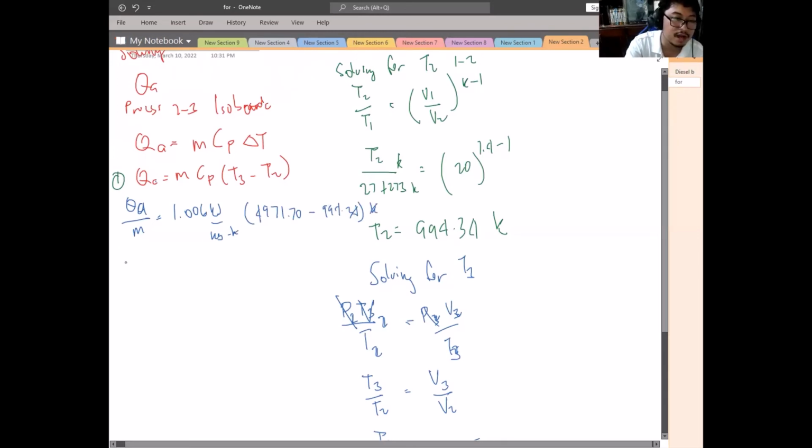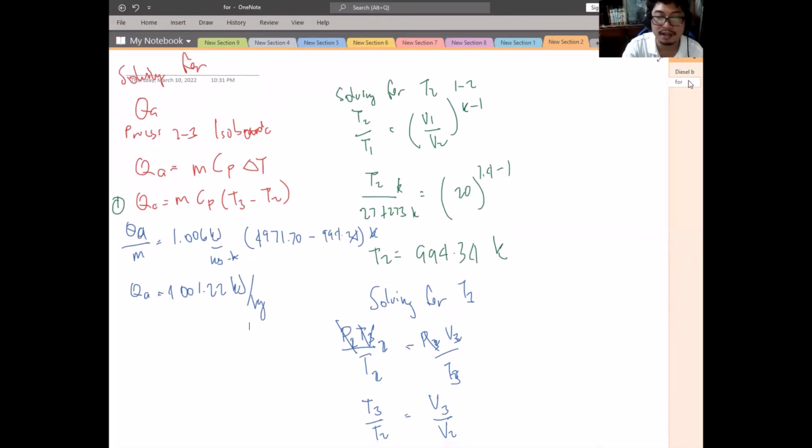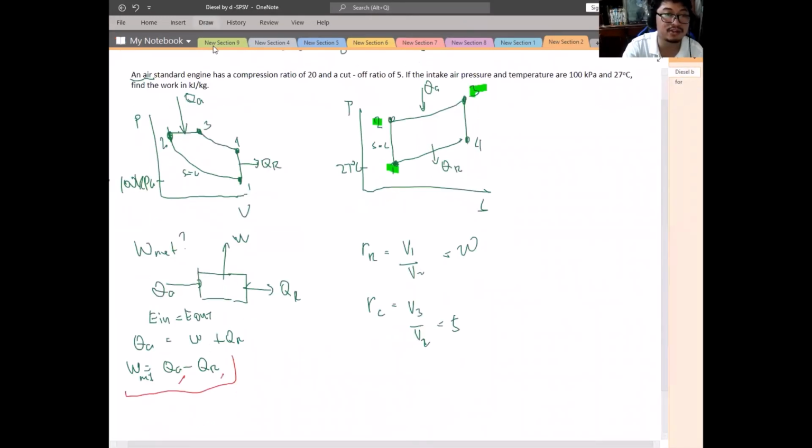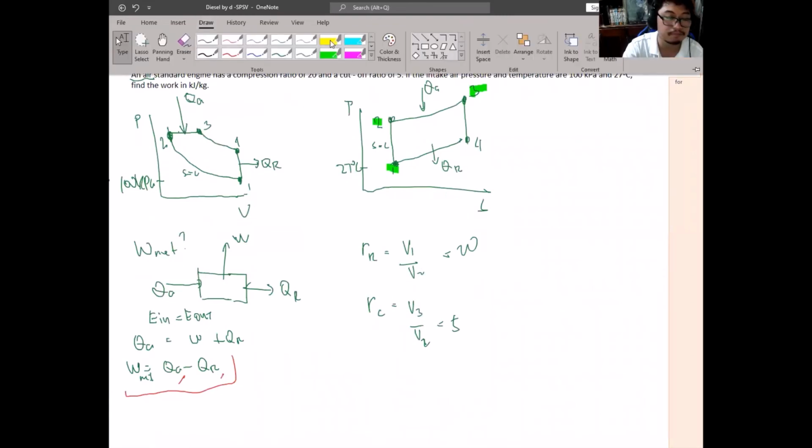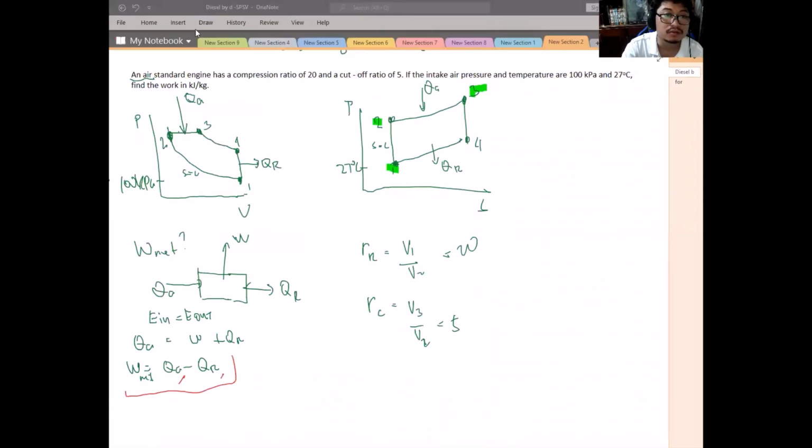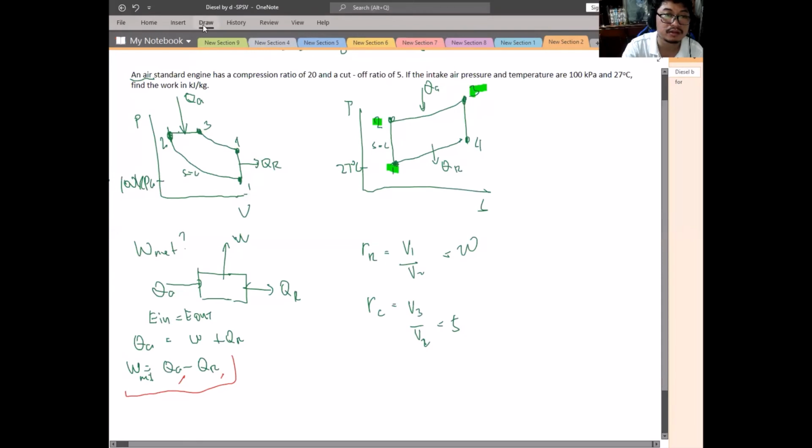So our QA is 4,001.22 kilojoule per kilogram. For our general equation, we now have QA, and QR is what we still need to find, so let's mark it.